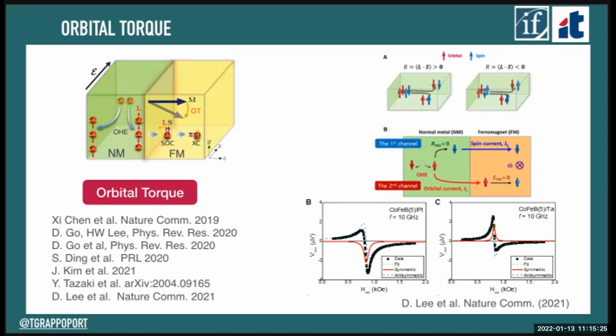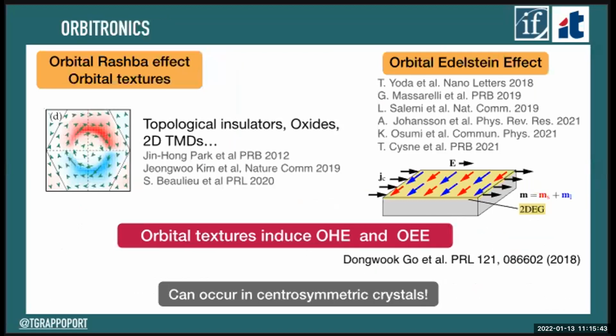But this year, there was a first controlled experiment using, again, a light metal to finally characterize the orbital torque and compare it with a typical spin torque. So we are beginning to see experiments on orbitronics.